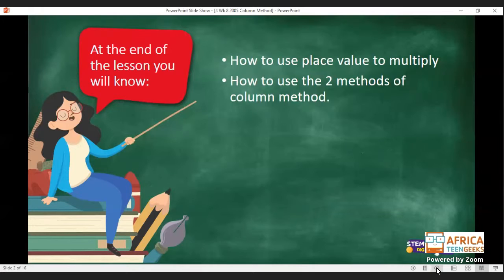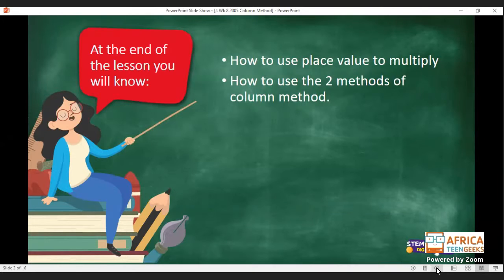If you know what units, tens and hundreds are, this method is for you. There are two ways that I did of using the column method, and you can use either one. There's the shortcut one and the long one. But I started with the long one so that you can understand where it is coming from, because I don't want to just tell you, do it like this, when you do not understand where it is coming from.